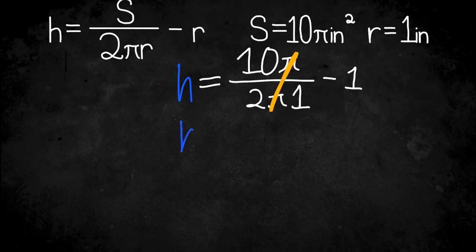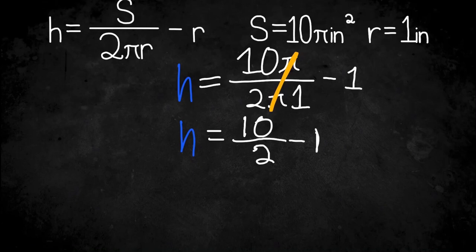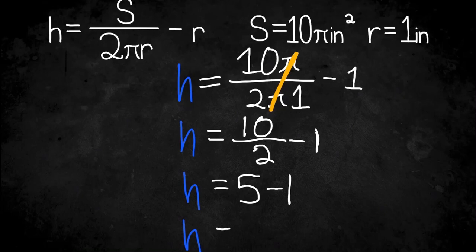So we have h equals 10 over 2 minus 1. And 10 over 2 is 5. So h equals 5 minus 1, and 5 minus 1 is 4. So we have that h equals 4 inches.